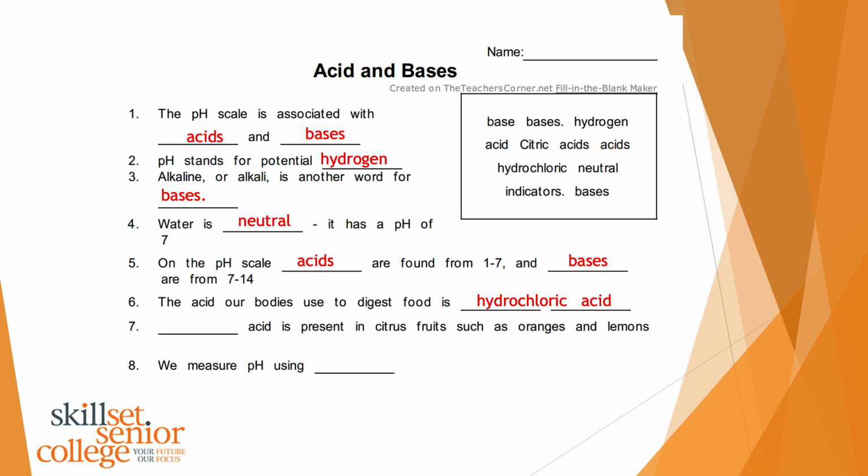And again, I challenge you to look at some of your household items or stuff that you're eating. See if it has citric acid. It's in lots of products because it does change the flavour, but it can also increase the lifespan of a product as a preservative. And number 8, we measure pH mainly using indicators.